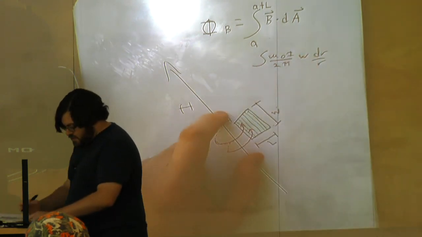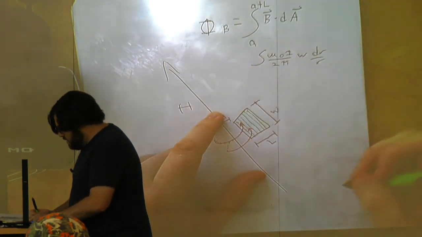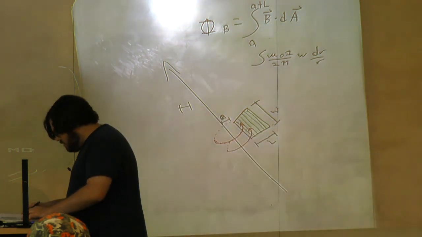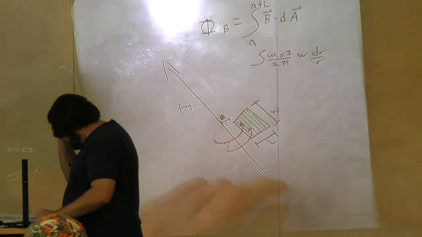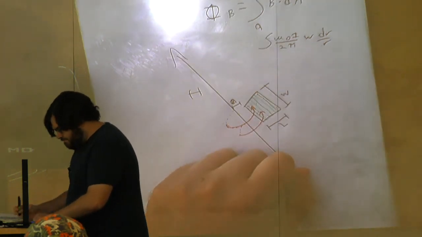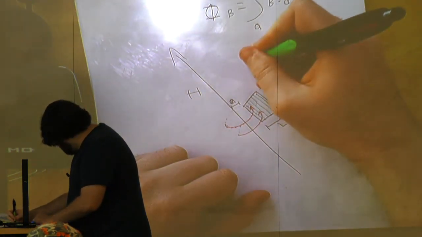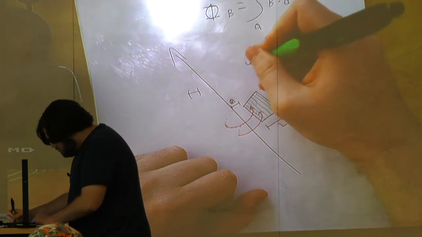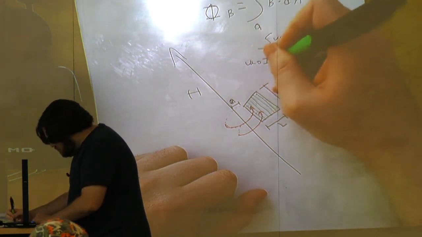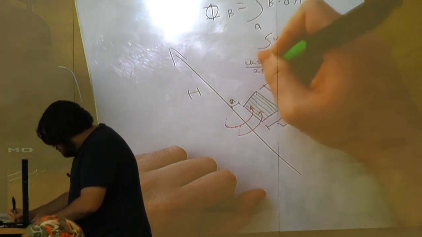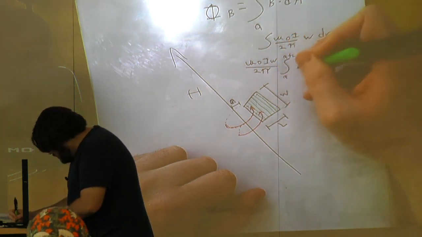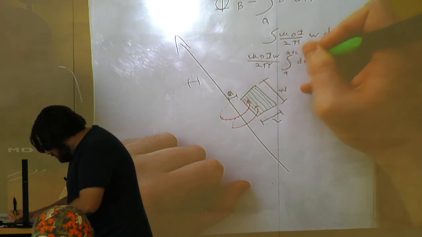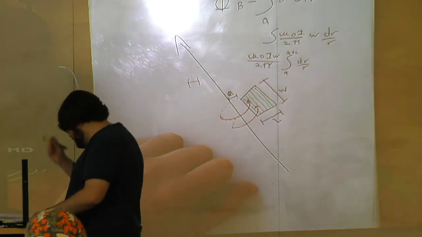W is a constant we're multiplying by. We're definitely going to pull that out. So we're going to integrate dr over R from A to A plus L.